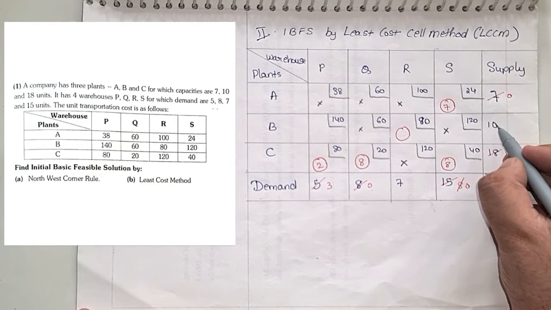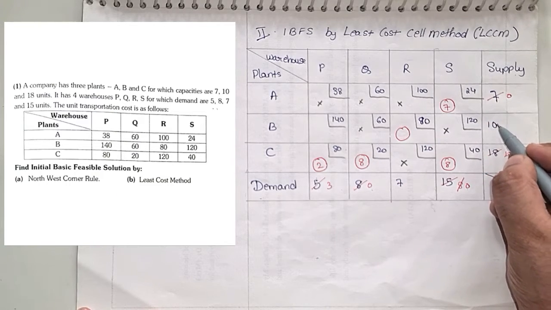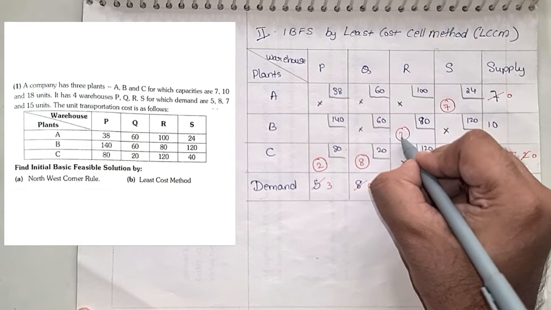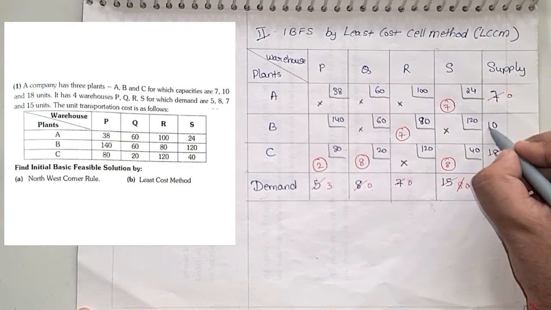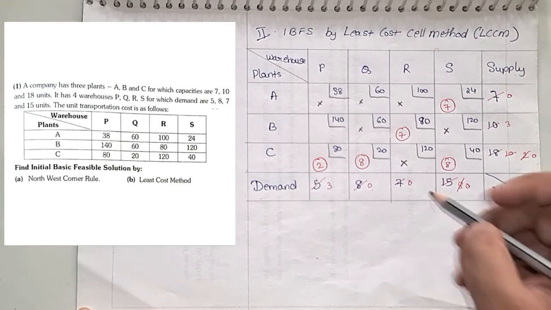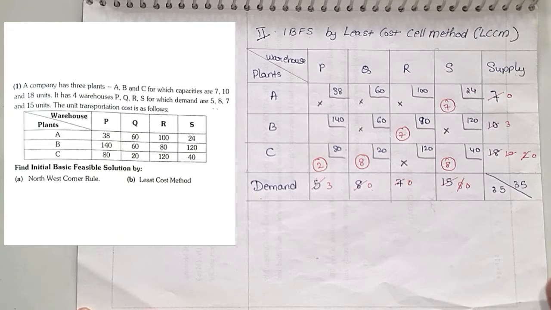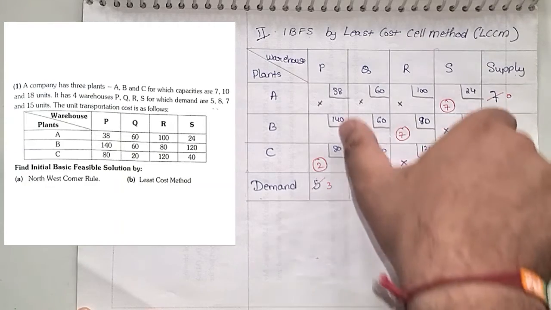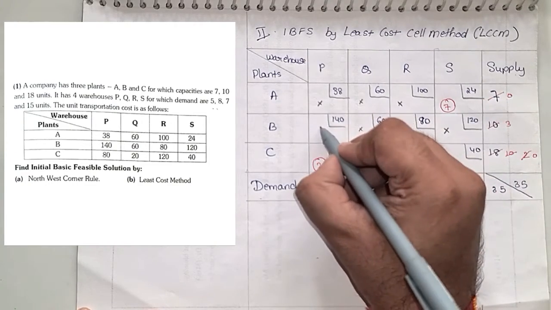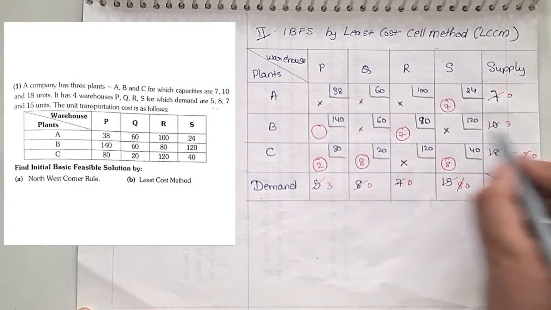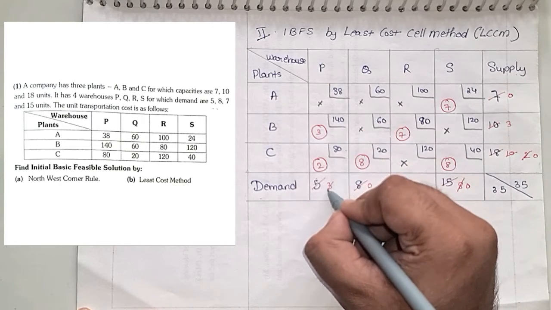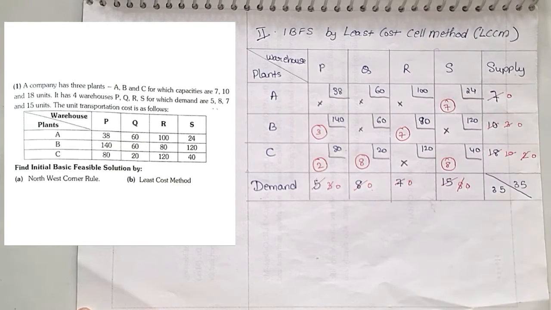Demand is 7, supply is 10. Supply is more than demand, so I can fulfill the entire demand. This is 0, 3 is still pending. Again this is 0, so none of the cells are remaining. Now, if I look carefully, there's only one cell pending where the demand is 3 and the supply is also 3. So everything is nullified.